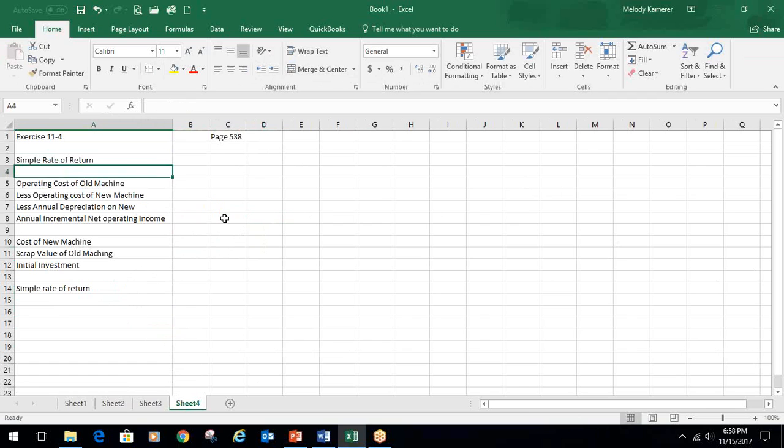The simple rate of return is just a real down and dirty method of determining what your rate of return is going to be. Now that was a very clear explanation, wasn't it? Computing the simple rate of return is fairly simple, and again, that's why it's called the simple rate of return, but it suffers from some limitations.